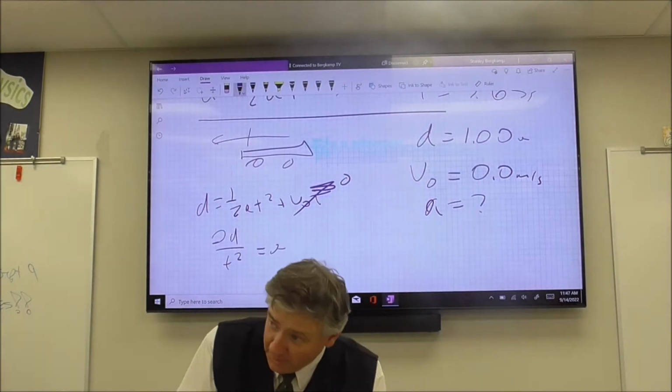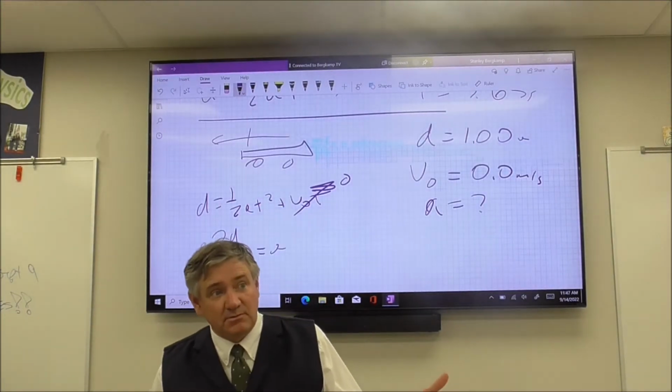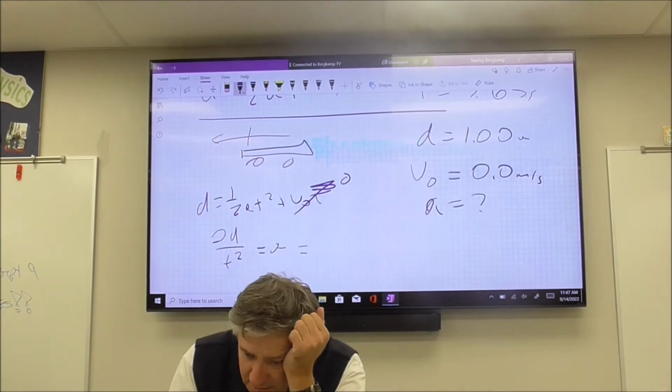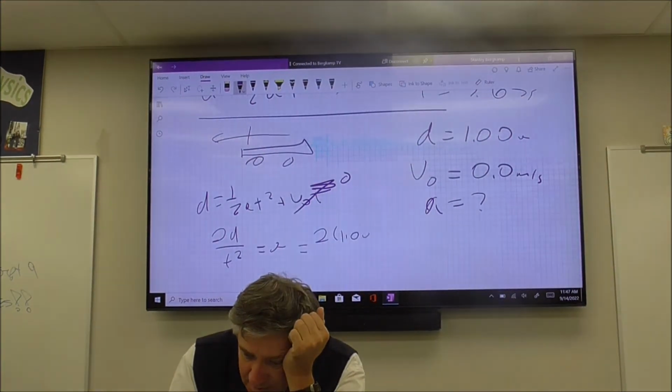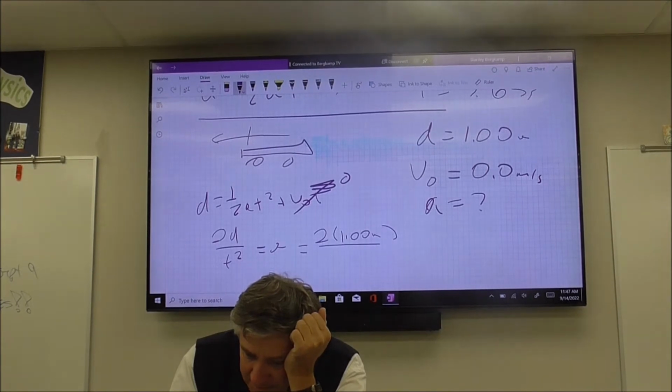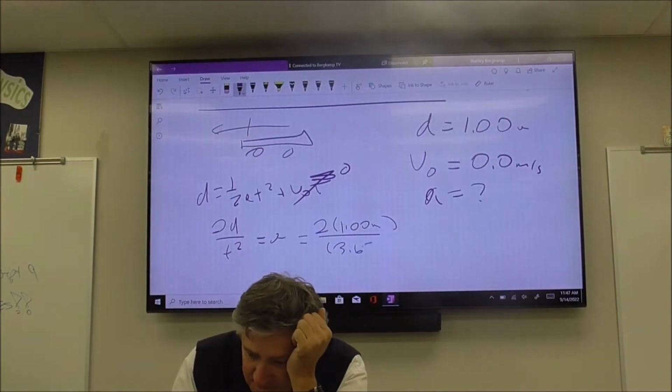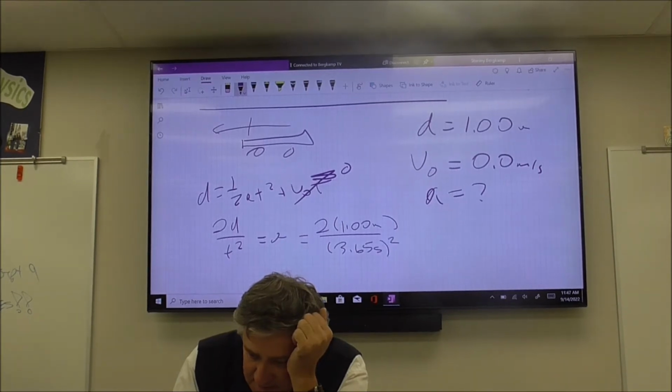So when you solve for this, don't put that underneath the radical. Now, at this point, it becomes pretty simple. I've got it solved, I know what I'm looking for, and I'm going to go, that's 2 times 1 meter. I'm going to divide, and then somebody get out a calculator, and the time is 3.65 seconds squared.